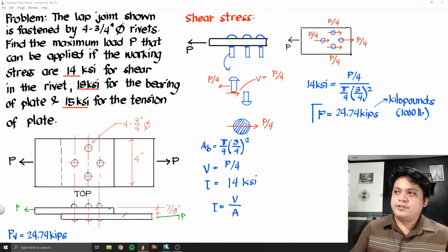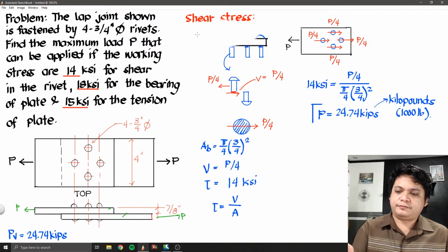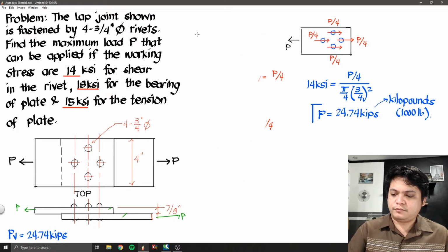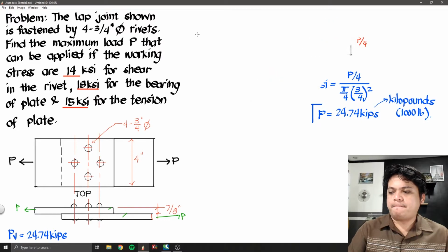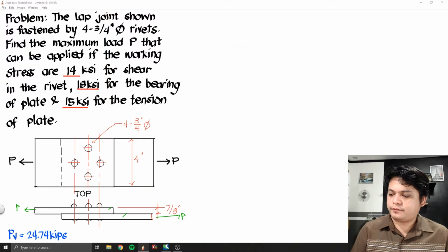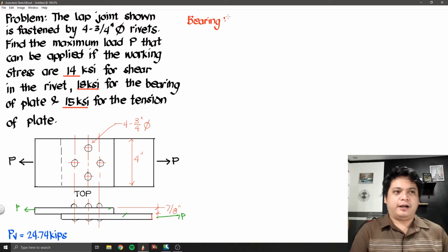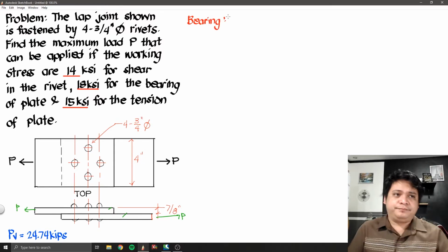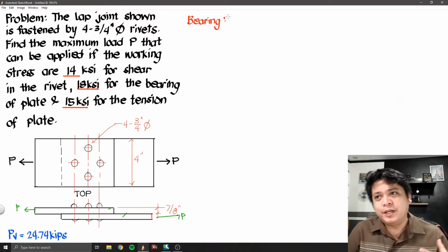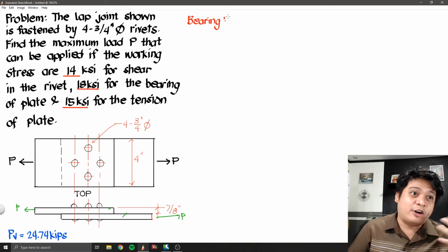Okay? So, next, we will be having here as our bearing. Okay? So, delete ko na muna so that we could have it on the bearing. Okay, so we will be having here due to bearing. Okay? Sabi ko nga kanina, yung bearing natin, nakadepende siya sa contact area.